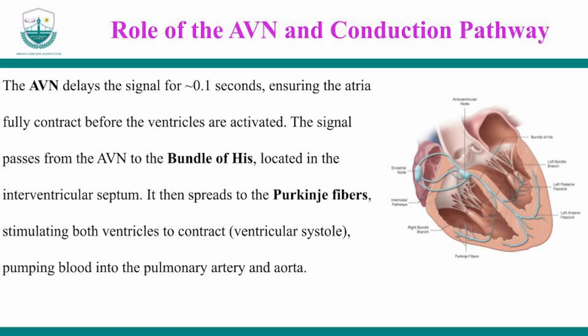Okay, and now another point which is very important is the atrioventricular node. That means we are talking about a node between the atria and the ventricle, and that is another very important point. So it is here.